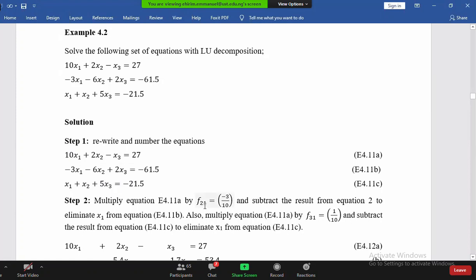So you see, F21 is A21 over A11, which is minus 3 over 10. That is F21. I want to tell you how we will formulate L. So that's why I'm doing this. So when you multiply and you subtract from equation 2, you will eliminate x1.